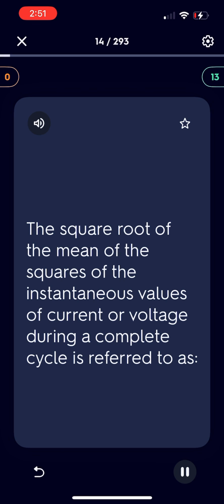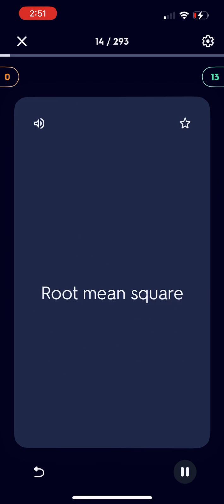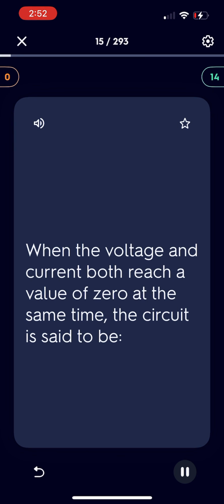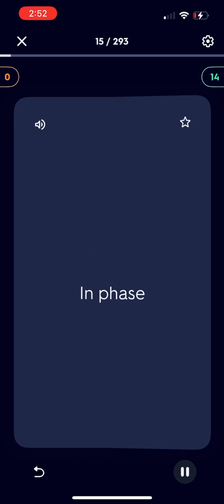The square root of the mean of the squares of the instantaneous values of current or voltage during a complete cycle is referred to as root mean square. When the voltage and current both reach a value of 0 at the same time, the circuit is said to be in phase.